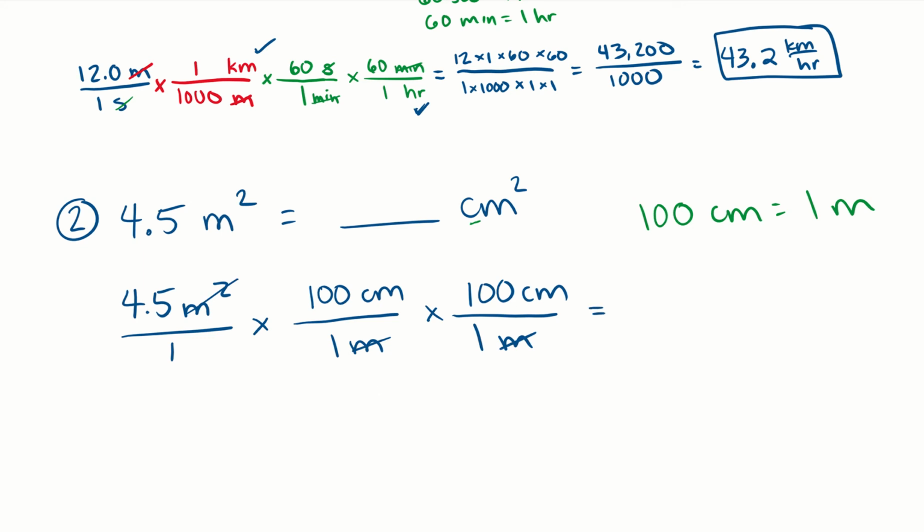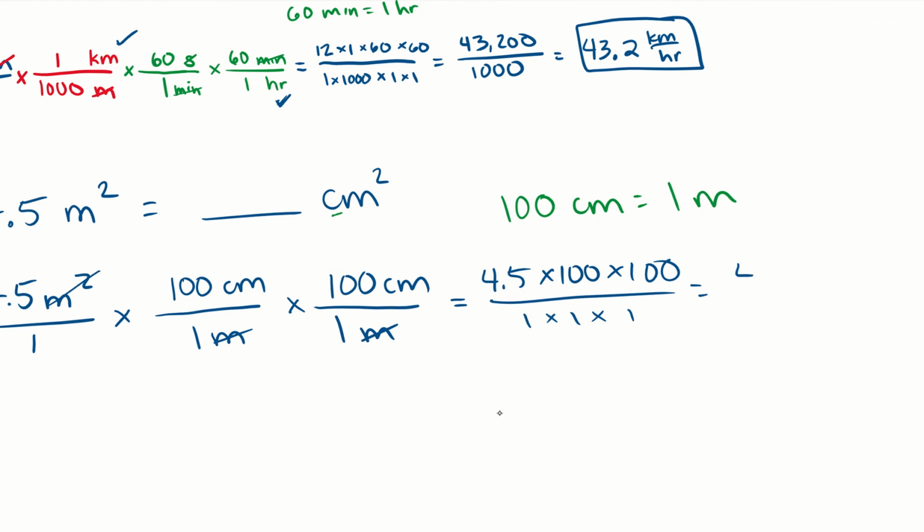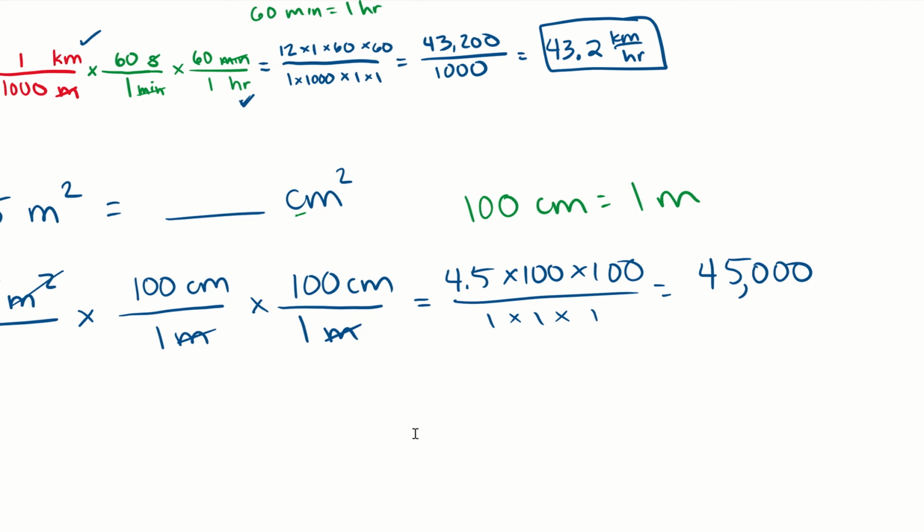So I multiply everything on the top: 4.5 times 100 times 100 over 1 times 1 times 1. I end up with 45,000, and my units are centimeters times centimeters, or centimeters squared.